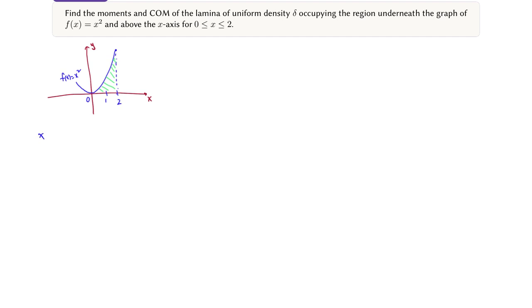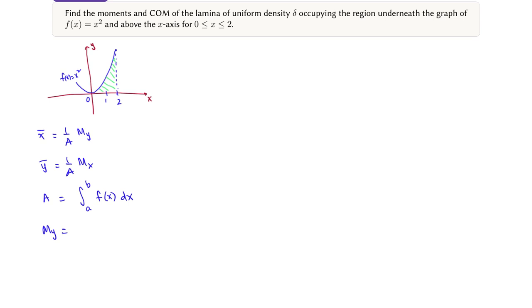Now recall that x bar is 1 over a times the moment about the y-axis. Y bar is 1 over a times the moment about the x-axis. Area is the integral from a to b, f of x dx.